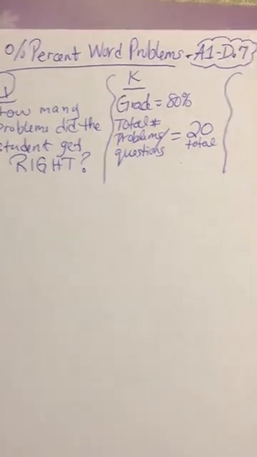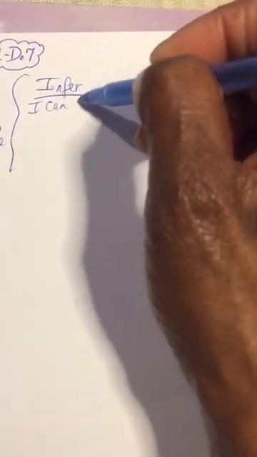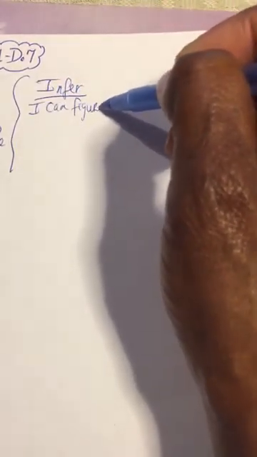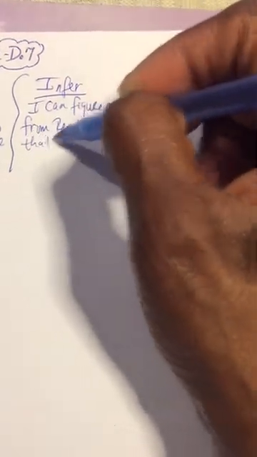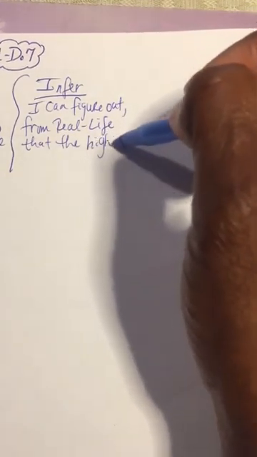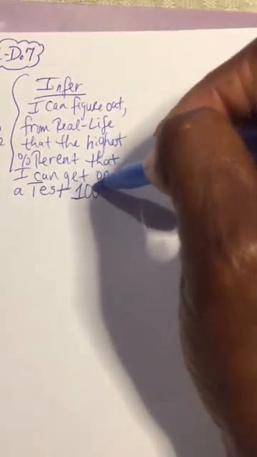I stands for infer, or what can we figure out? So under I, infer, I can figure out, or I know from real life, that the highest amount, the highest percent that I can get on a test without having any type of extra credit or anything is 100%.